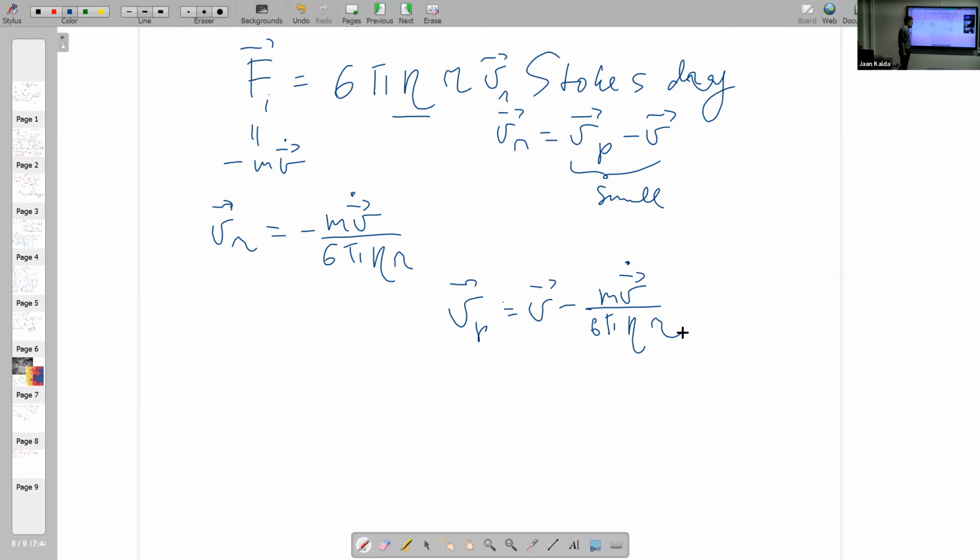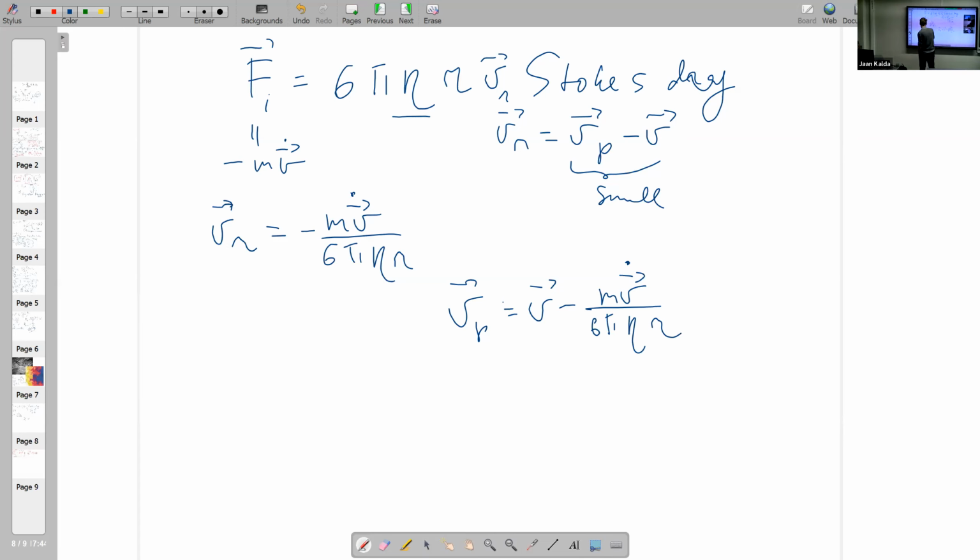Now, what is V dot? V dot we can now get from Newton's second law for the fluid, in terms of Navier-Stokes.